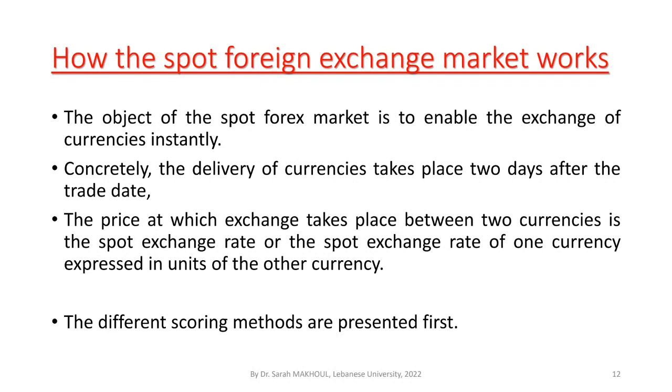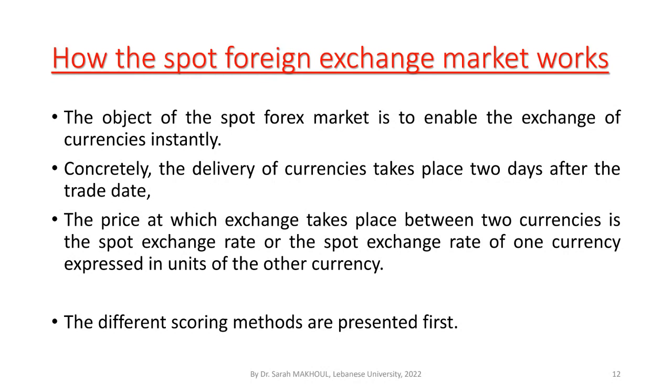The price at which exchange takes place between 2 currencies is the spot exchange rate, and we will see lots of examples of it, the spot exchange rate of one currency expressed in units of the other currency. We will see how to express $1 in euros, for example, or $1 in Lebanese pounds.